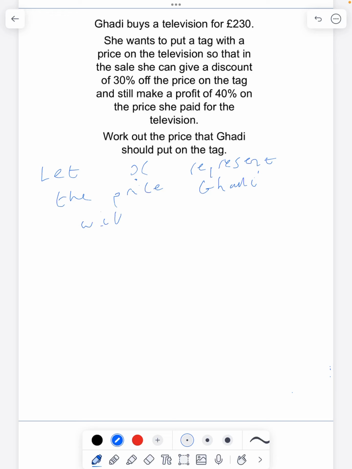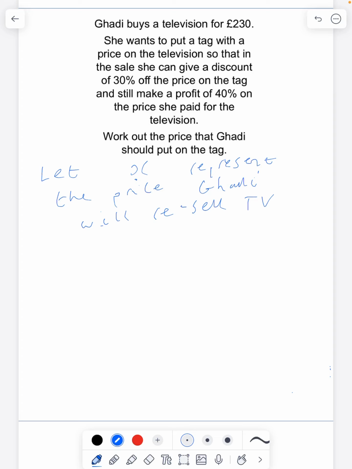And this will be the price before the 30% discount is applied. And so if we let X represent that, then we can set up the following equation that should be fulfilled for the criteria in this question to be met.